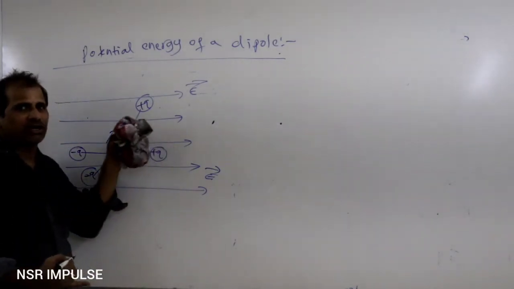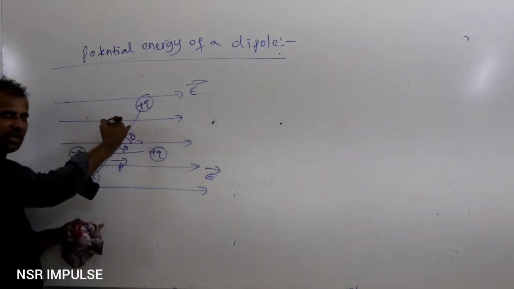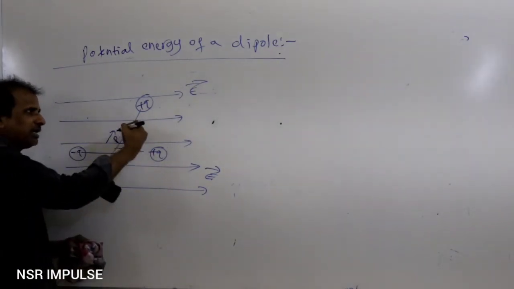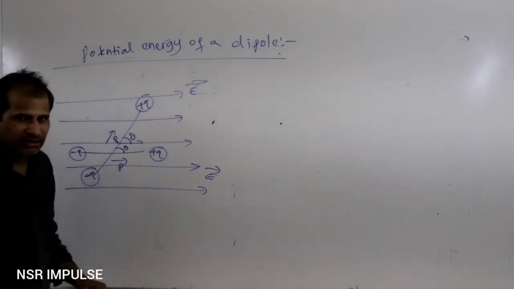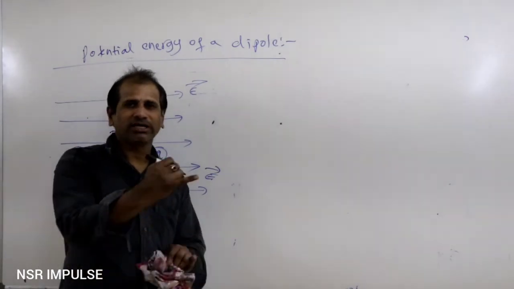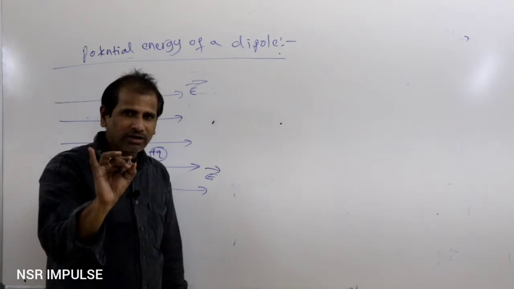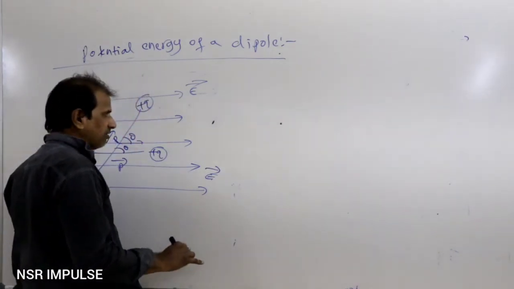The work done by us in rotating the dipole by an angle theta with respect to the electric field is called the potential energy of the dipole.